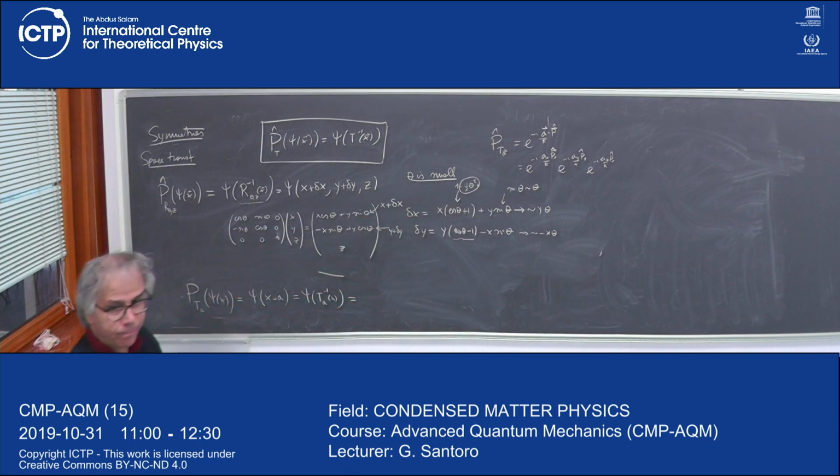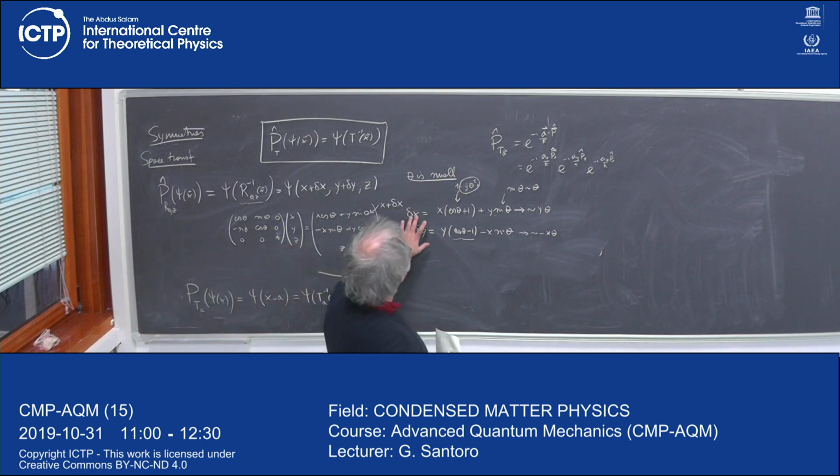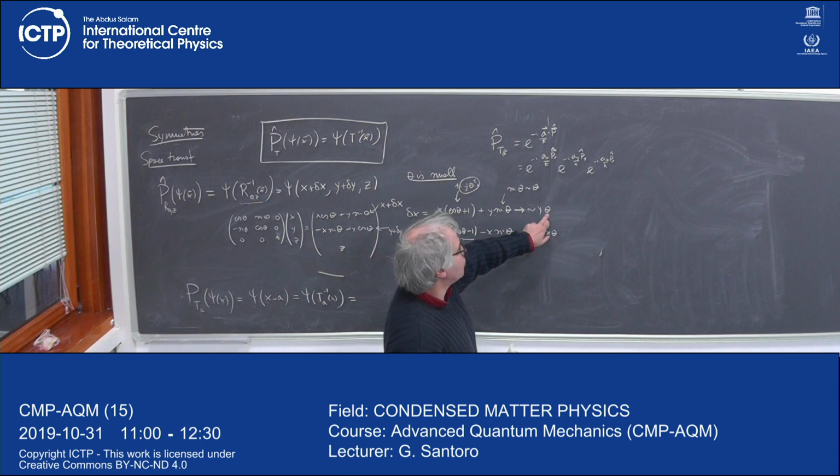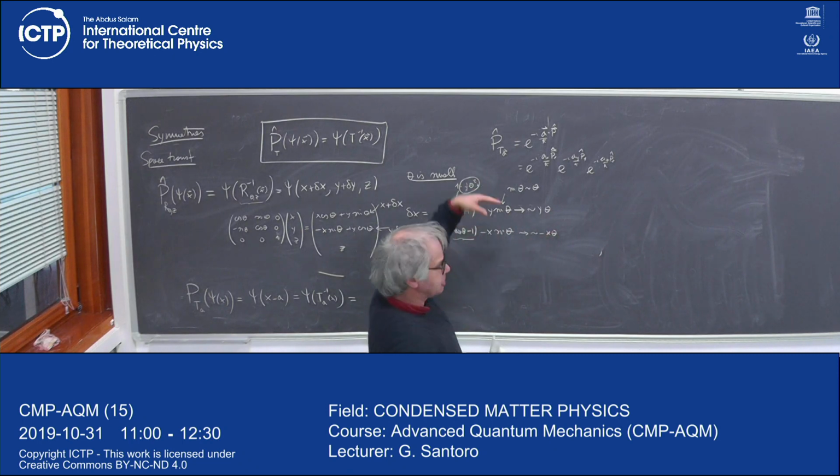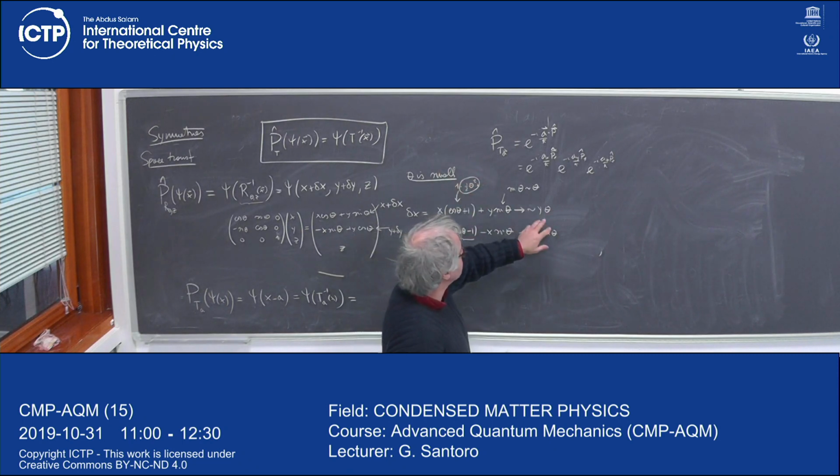Okay? In dx we have it's minus. Is it clear? Good. So the delta x and the delta y are small. They are of order theta. The theta squared terms I neglected. And they are given by these two things.